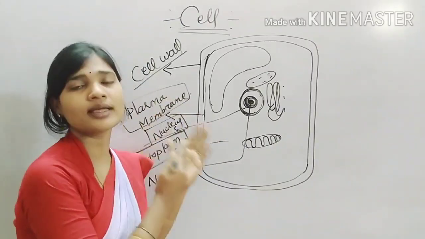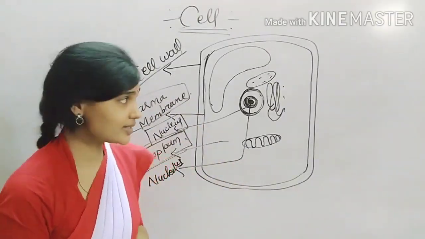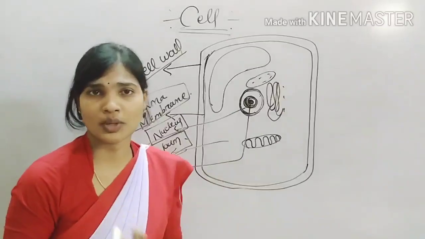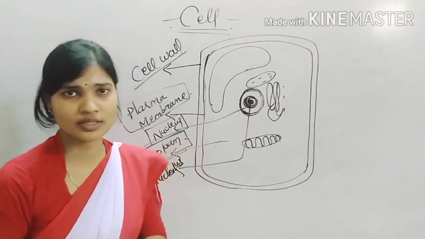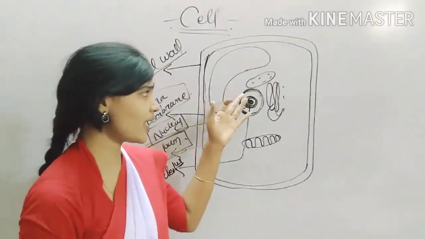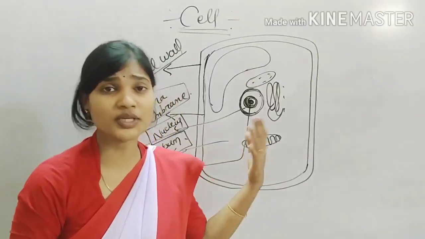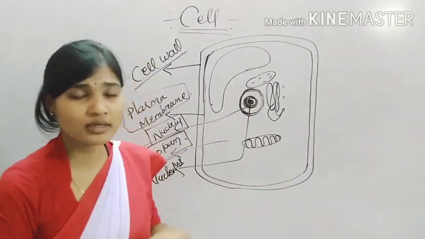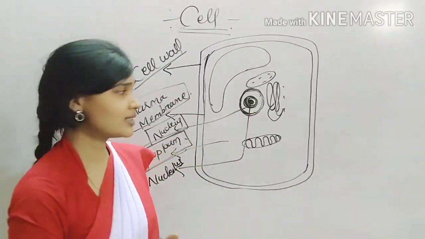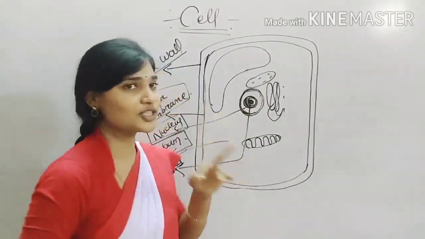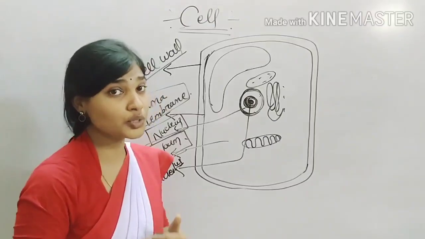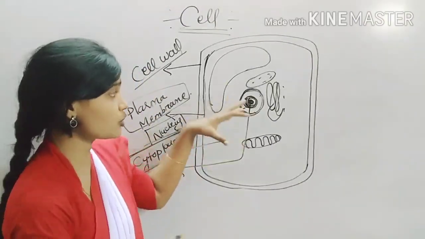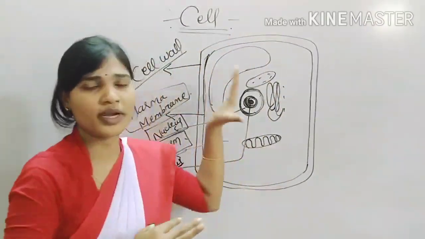ATP is known as the energy currency of the cell. Vacuole is known as the storage sac of the cell. Lysosome is known as the suicidal sac of the cell. Plastid is known as the color pigment of the cell. Nucleus is known as the control unit of the cell, as it controls all the work coded in the cell.